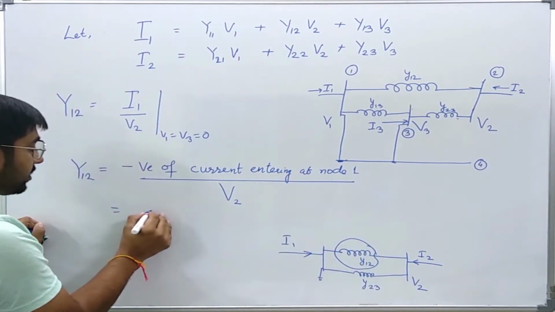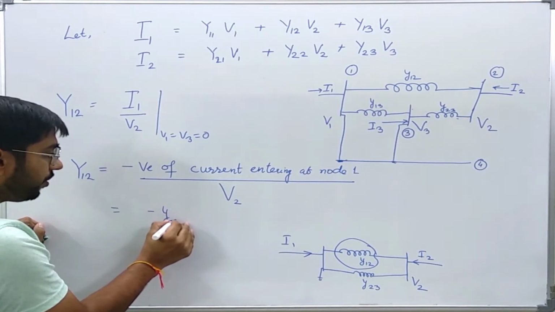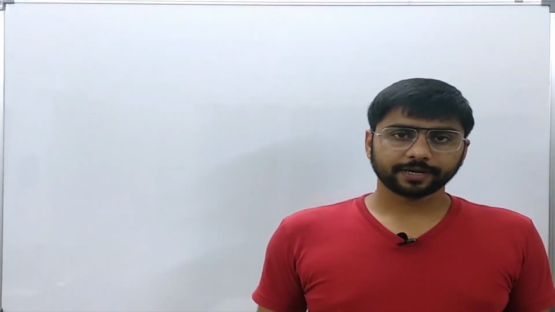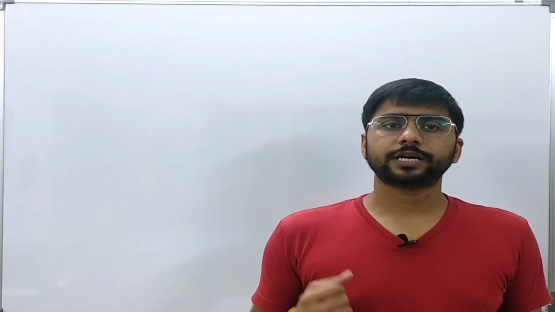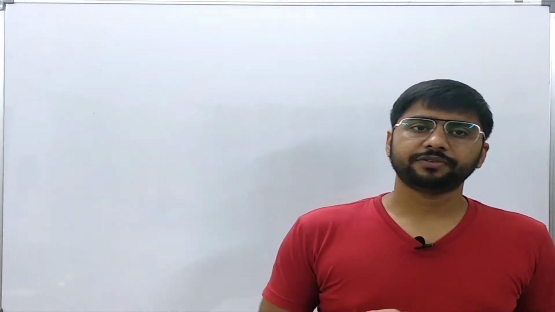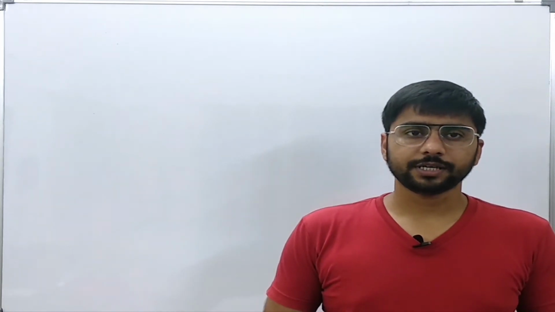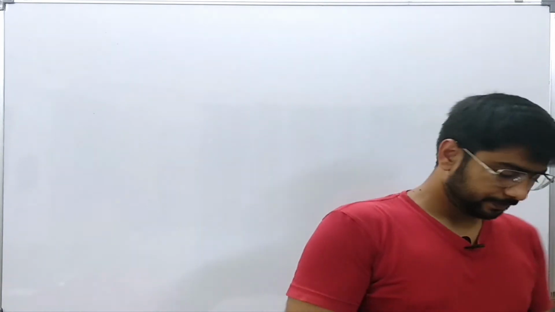So Y12 is nothing but minus of Y12. It appears that I have gone too fast in determining Y12 by the ratio of I1 over V2 when V1 and V3 are 0. Let us see a little bit in detail.